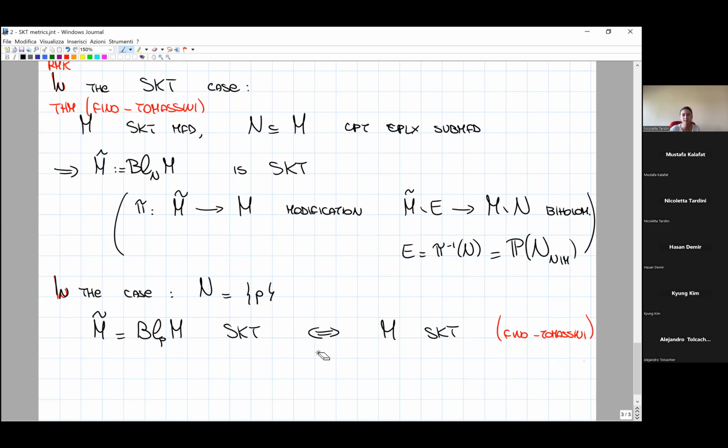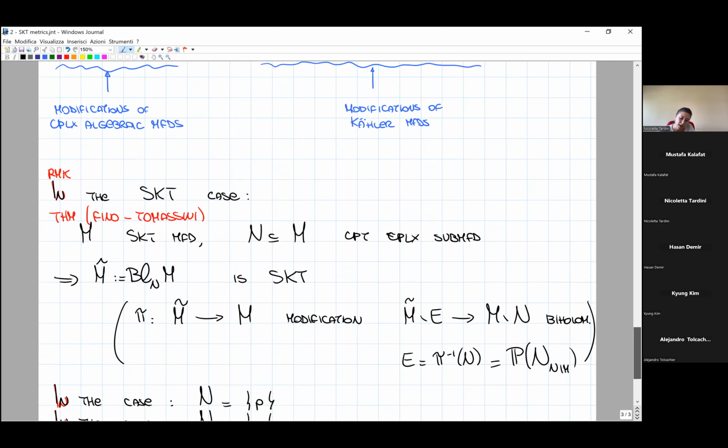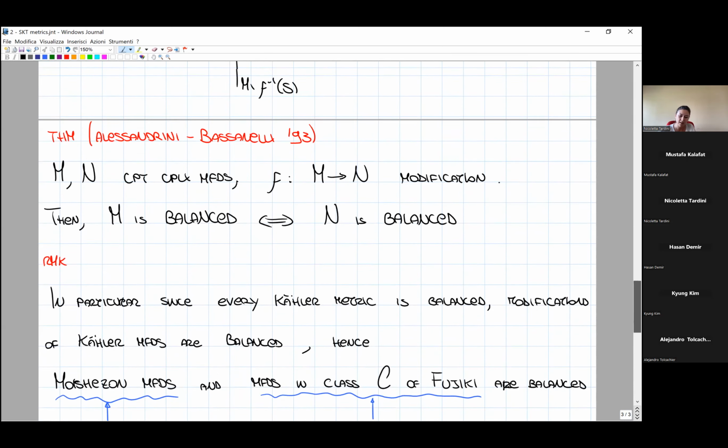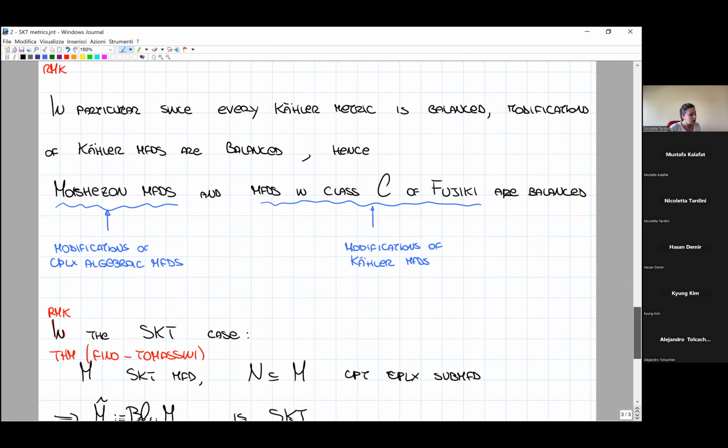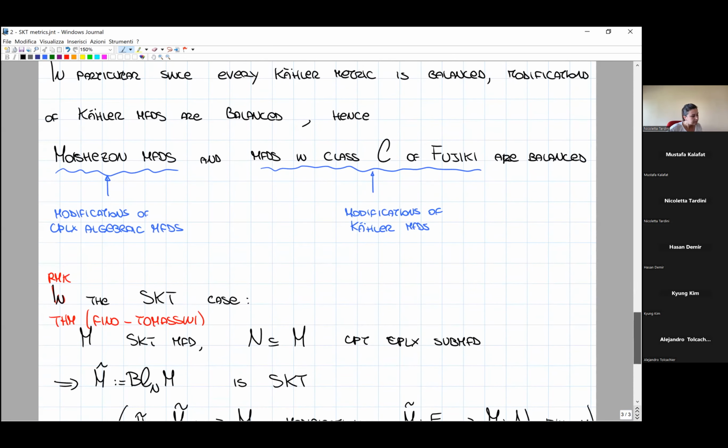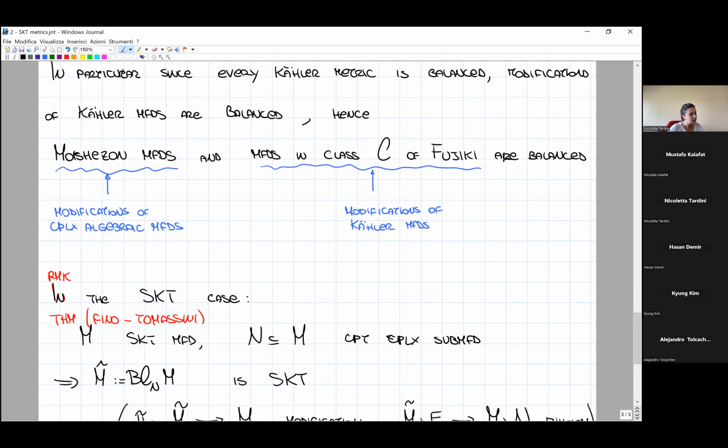So I think this answers your question. Somehow this also motivates why balanced metrics are very special: they are preserved in both directions under modifications.